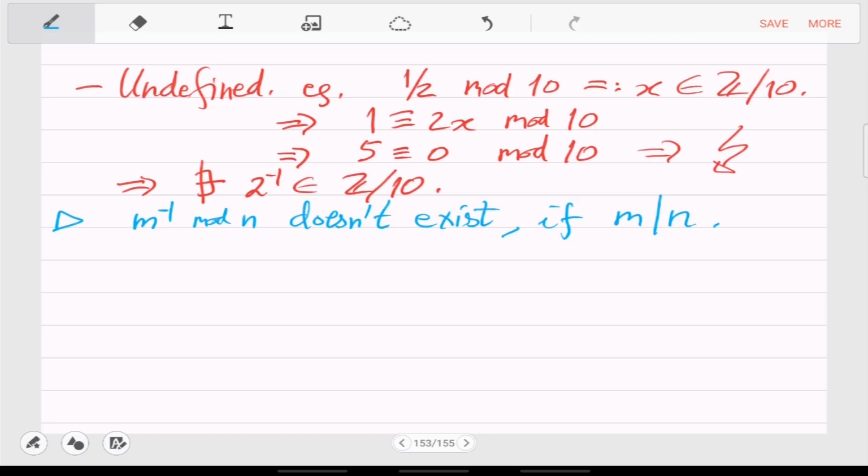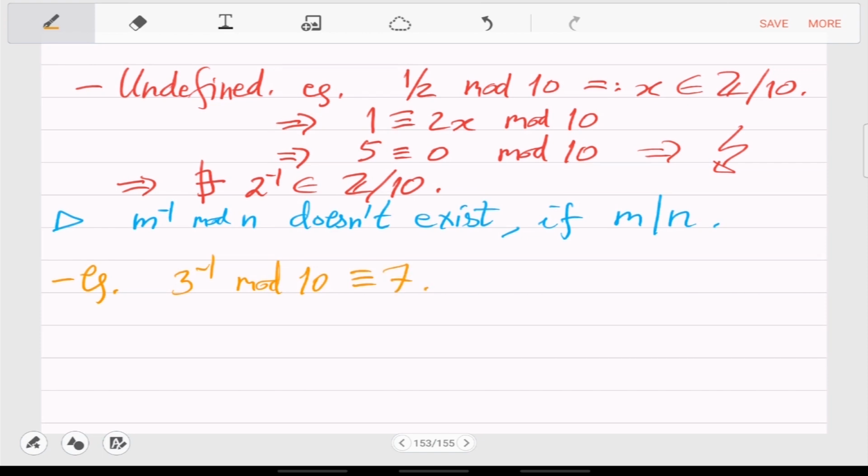Sorry, what is 3 inverse mod 10? What is that? So 3 inverse mod 10, is it 7? It's 7, right?